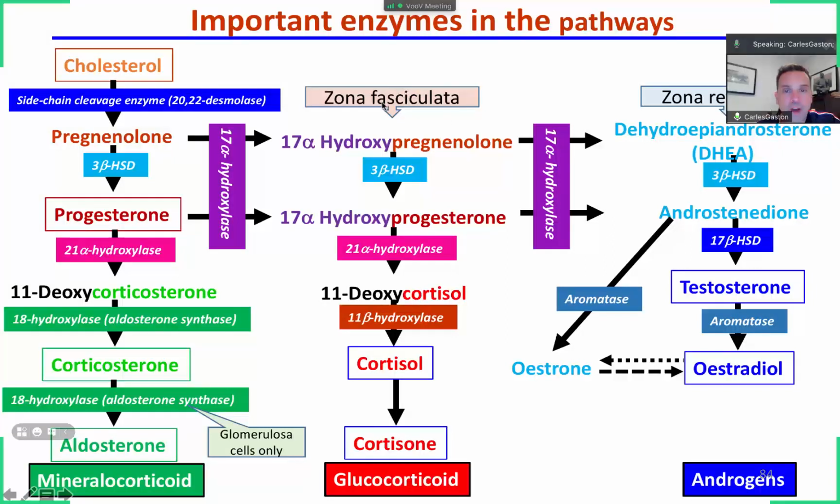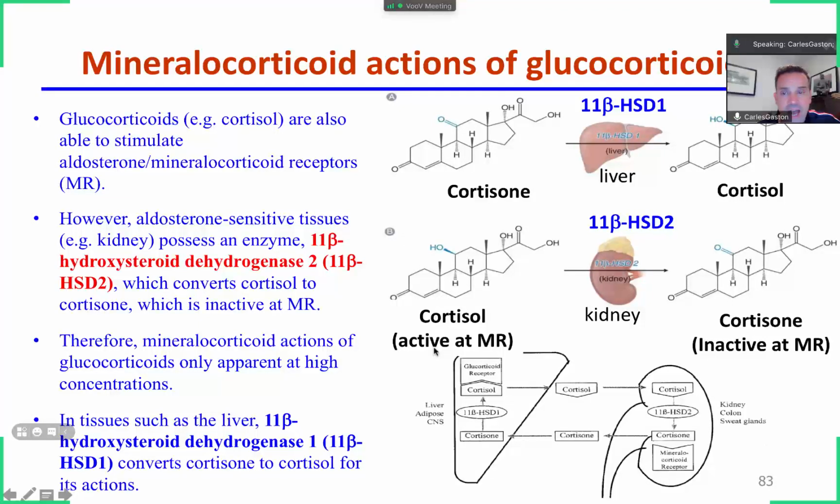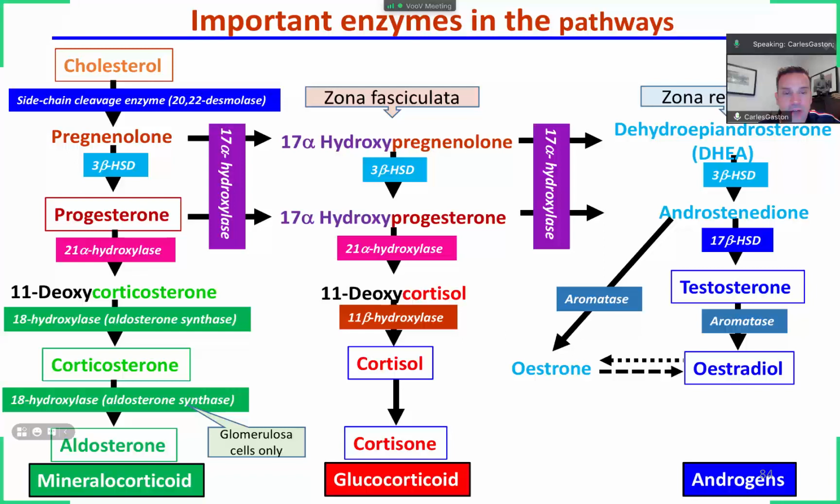And this happens in the zona fasciculata, but also it happens in the liver because it has the 11 beta hydroxysteroid dehydrogenase, okay, which is another enzyme to produce cortisol. You do not need to know all these enzymes. You will only need to know these enzymes for certain disease conditions, okay?